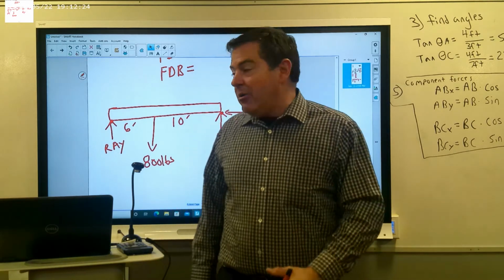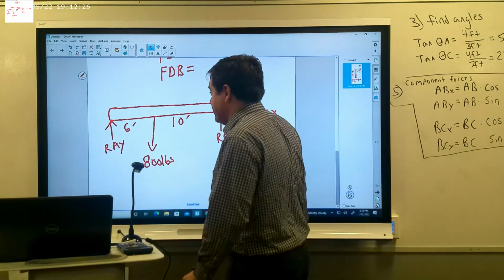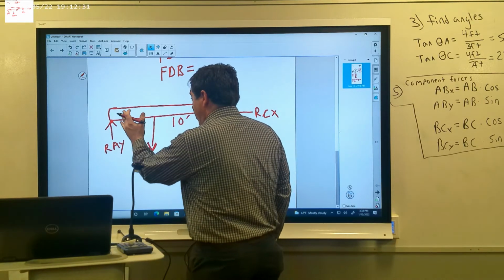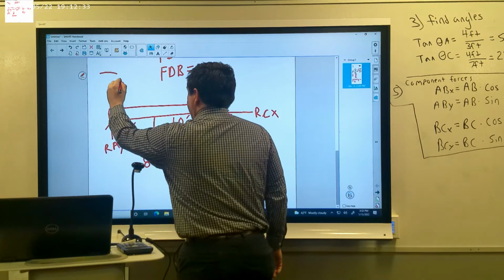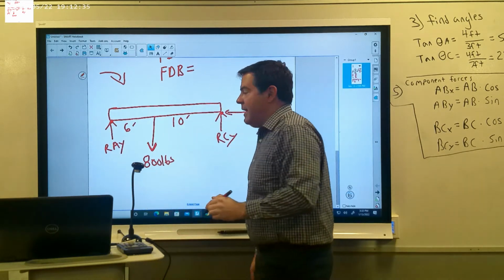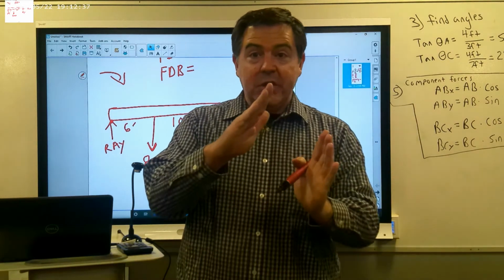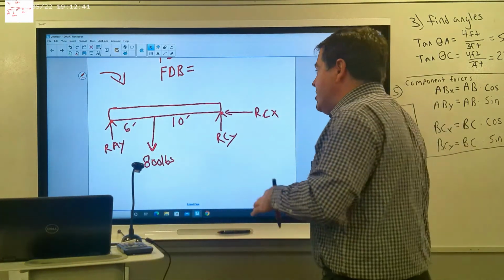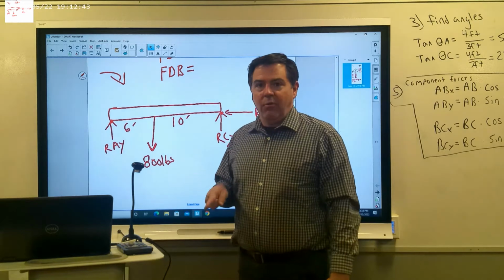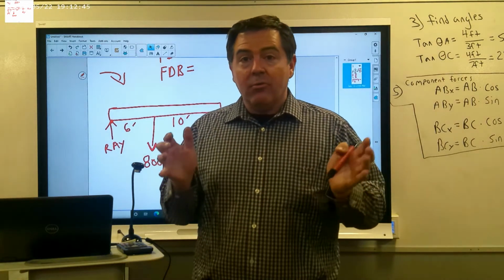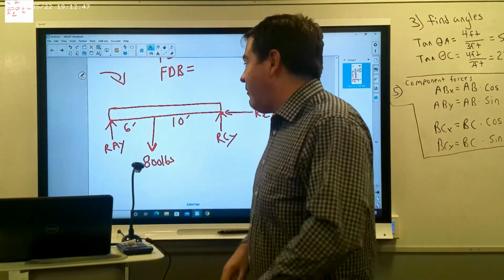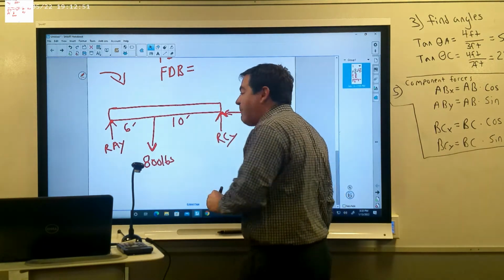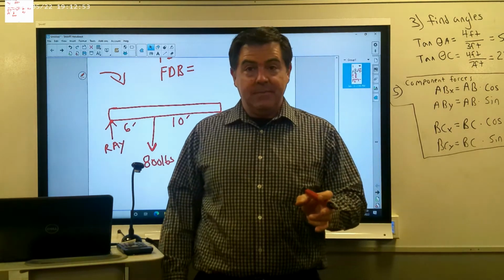That 800-pound downward force, if we think about this logically, is trying to make this lever rotate in a clockwise direction. That 800 pounds is trying to make this thing rotate clockwise about point A. We know that it's not rotating clockwise. And why isn't it rotating clockwise? It's not rotating clockwise because reaction force Cy is stopping it from rotating clockwise.